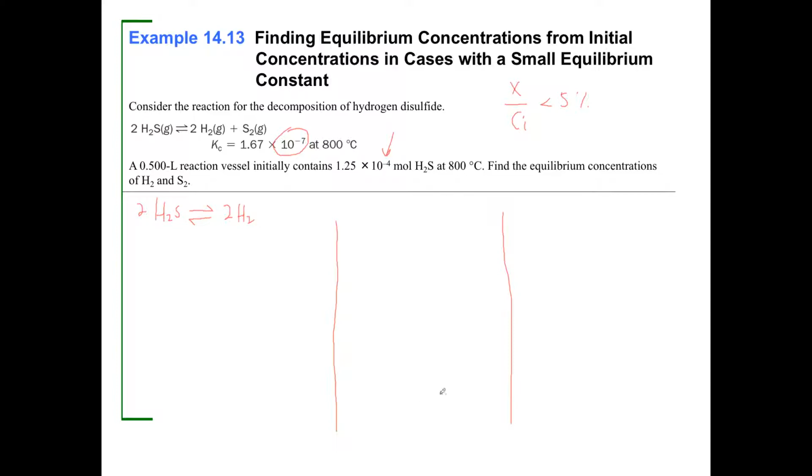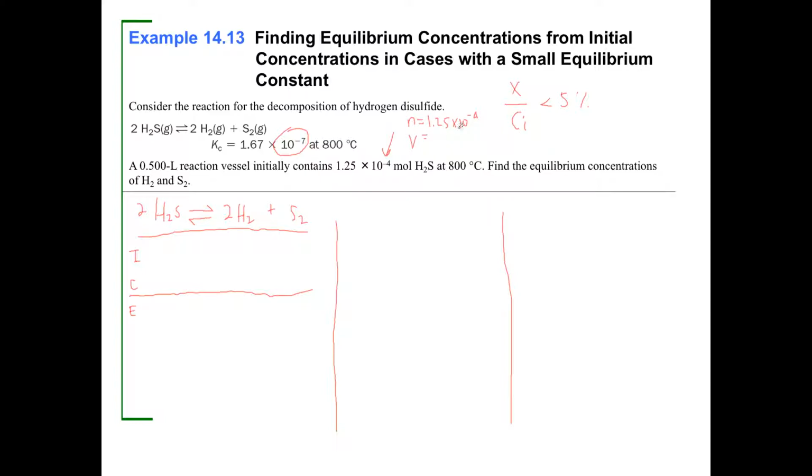Okay, so 2H2S is in equilibrium with 2H2 plus S2, all right? Initial, change, equilibrium. Okay, I'm sorry about the messiness here. It'd be so much prettier if it was prettier, wouldn't it? Initial is 0.5, so my initial concentration, my moles was 1.25 times 10 to the minus 4.